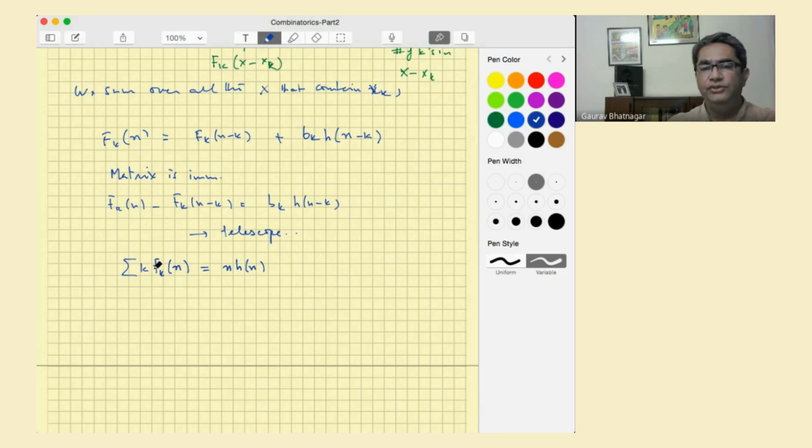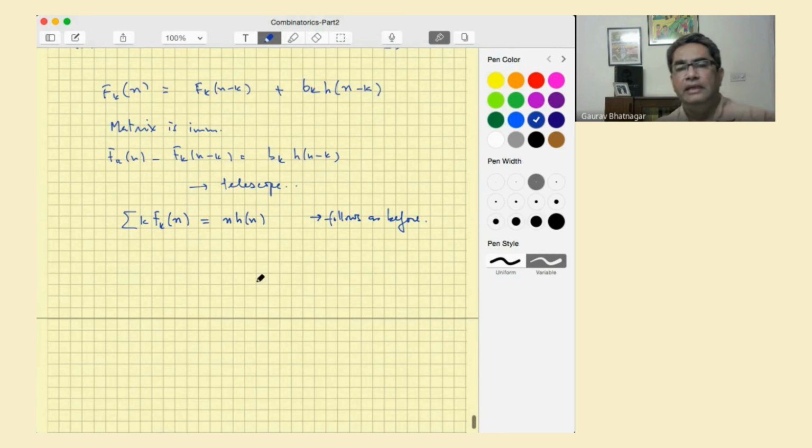So again, each of these is as before. Each of these guys for a particular partition will be equal to Hn, will be equal to n. So when you sum it, you will be summing over all the hands or partitions.